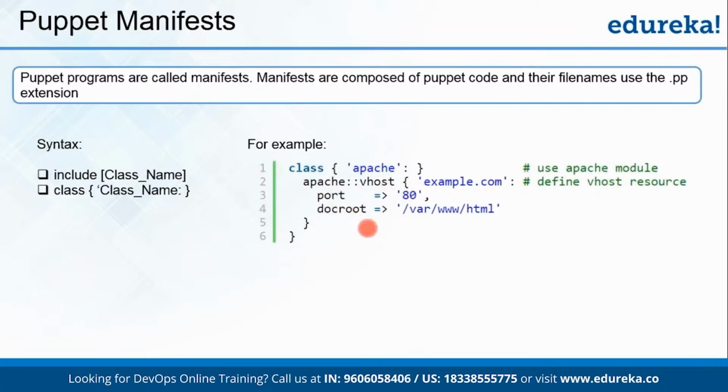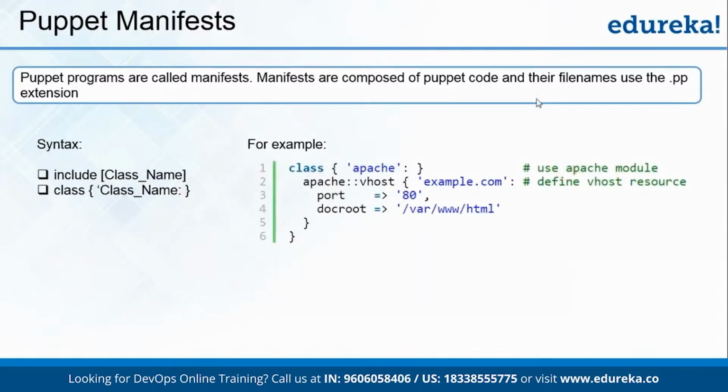So basically there are two ways to actually declare a class in a Puppet manifest. Either you can just write include and the name of the class, or if you don't want to use the default attributes of that class, you can make the changes by using this particular syntax. That is, you write class, open the braces and the class name, colon, whatever attributes you want apart from the ones which are there by default, and then finally close the braces.